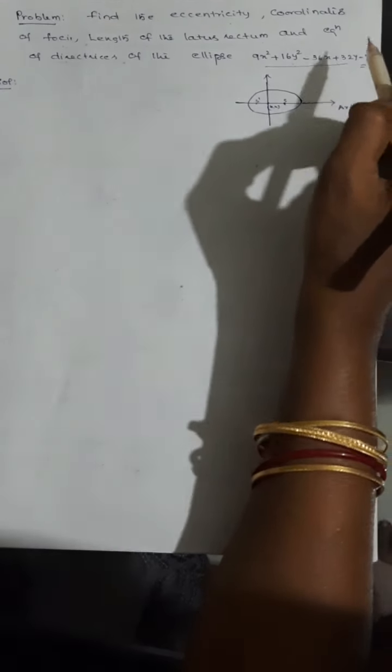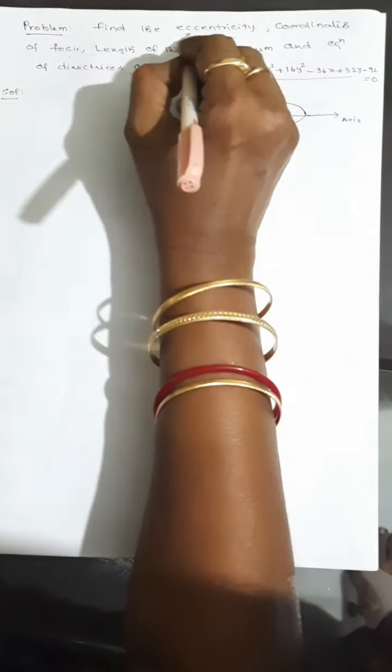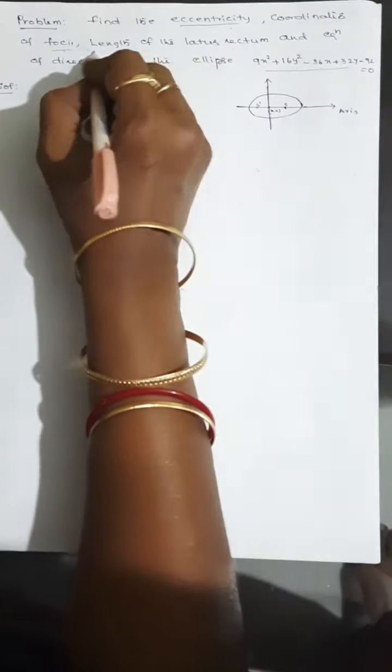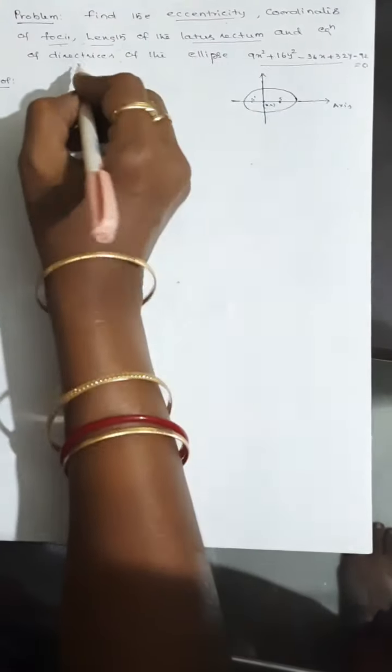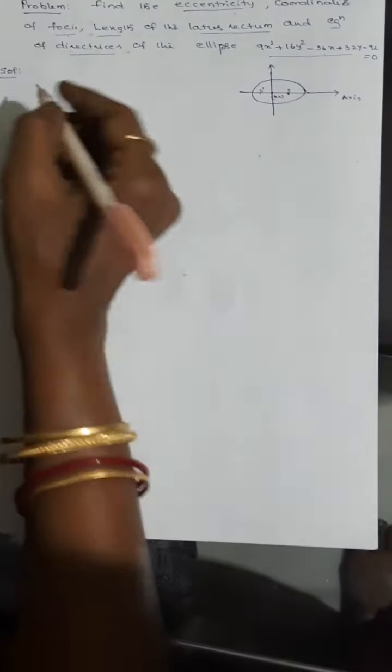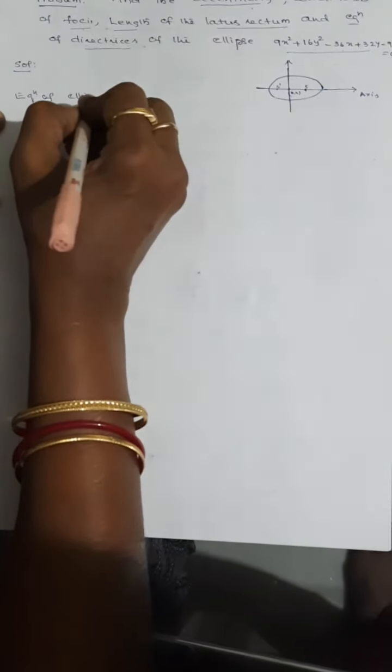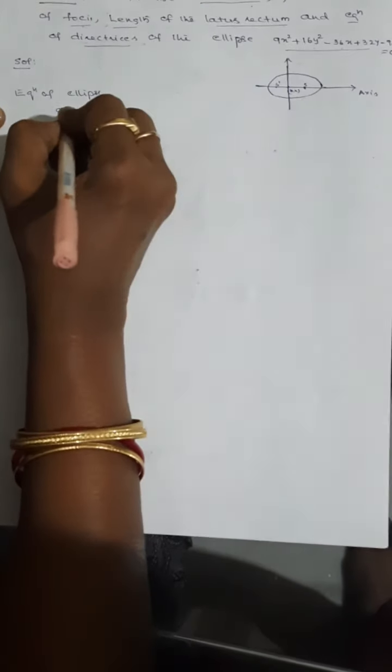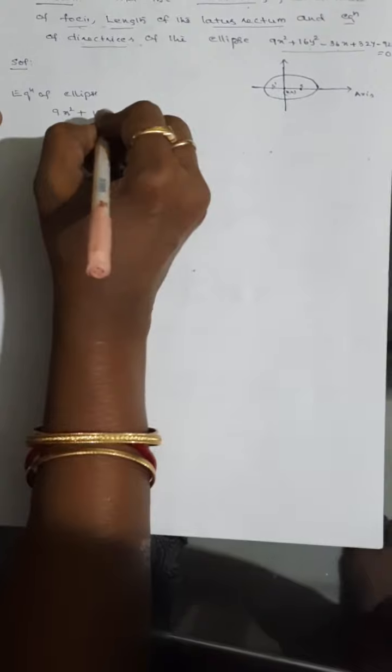The equation of the ellipse is given. We have to find the eccentricity, coordinates of foci, length of the latus rectum and equations of the directrices.